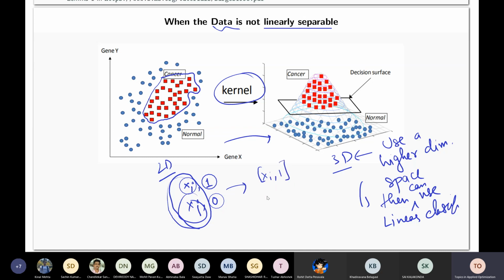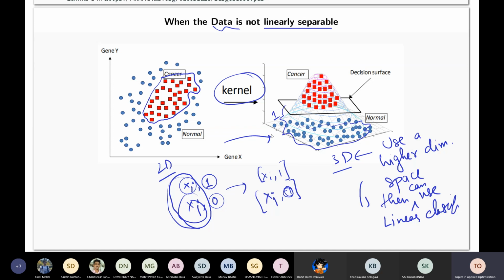I put 1 here, and for the data that I know is normal, I put, let us say, -1, or I can also keep it 0. So the blue guys will remain on the 2D plane, and the red guys, because it is x0, will still remain here. And x1 data will be lifted by a height of 1. I am just saying one possibility.